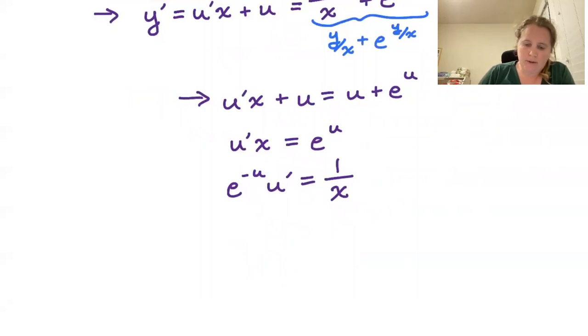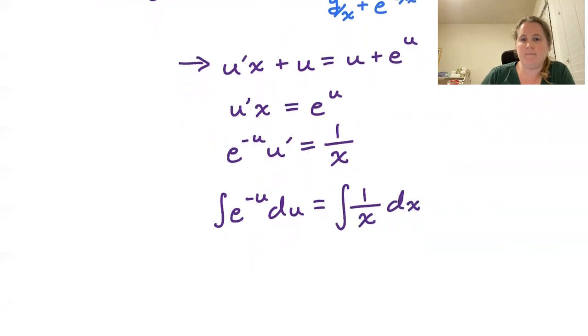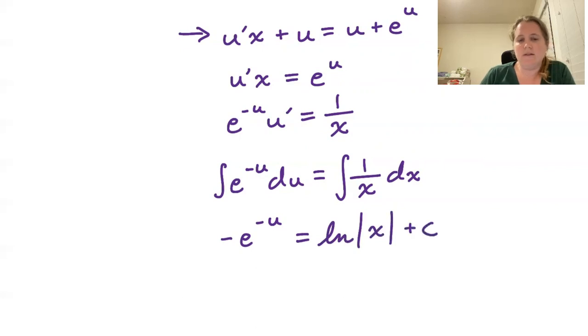So on the left, we have the integral of e to the negative u du is equal to the integral of 1 over x dx. And integrating e to the negative u becomes negative e to the negative u. On the right-hand side, we have the natural log of the absolute value of x plus c.